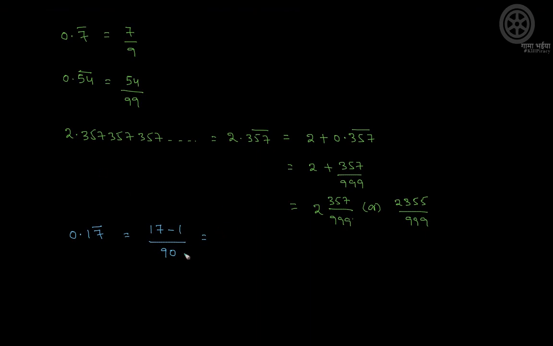Why do you need to write 90? Because the bar is for only 1 digit, that is the reason for the 9, and there is no bar for 1 digit. If suppose you have 0.117 bar, then you need to write 900.